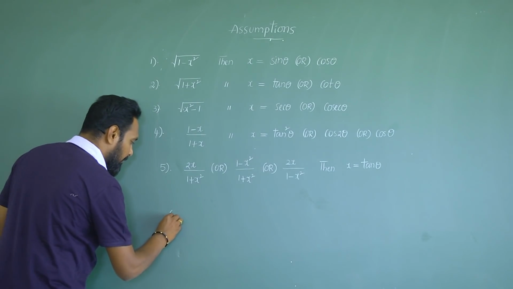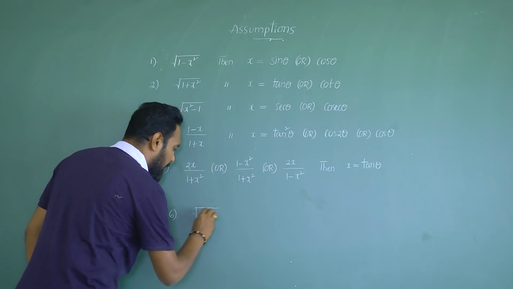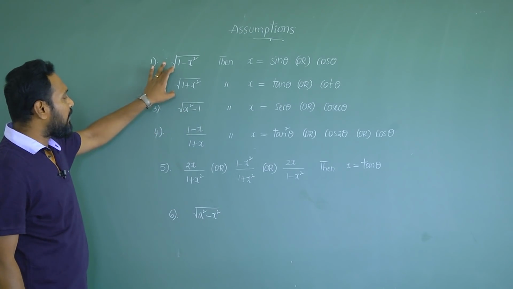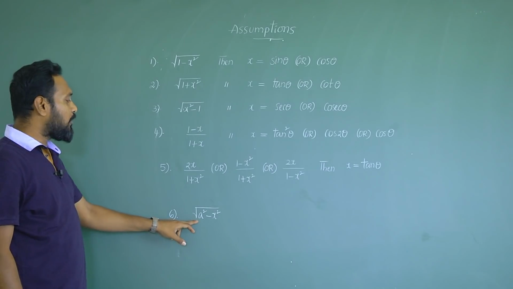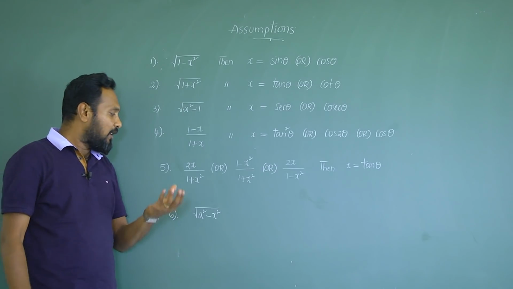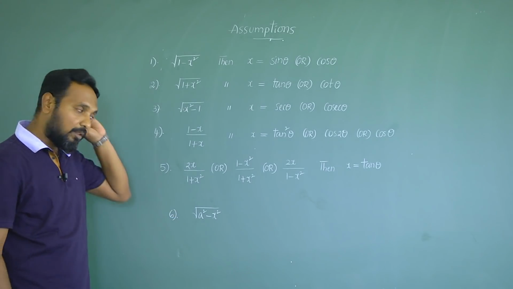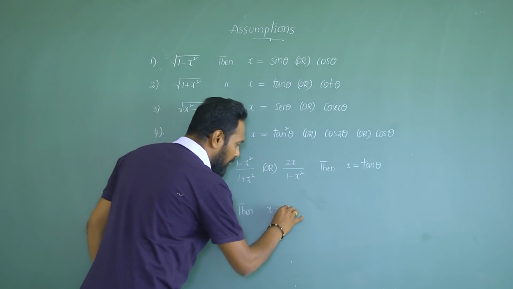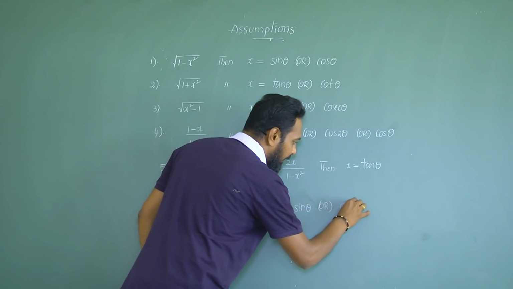Next, sixth one. Root of a square minus x square. Here the difference between the first form and this form is that in the first form we have the constant 1, and in the sixth form we have the constant a. So we can take that constant a common from the total square root, with the same assumption and a small modification, that is x equals a sin theta or a cos theta.